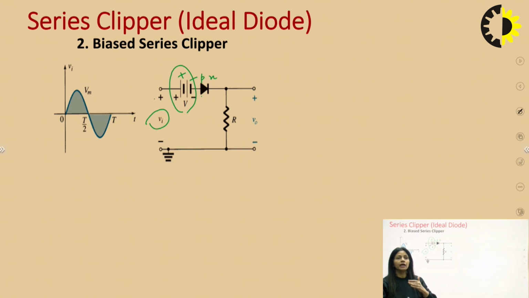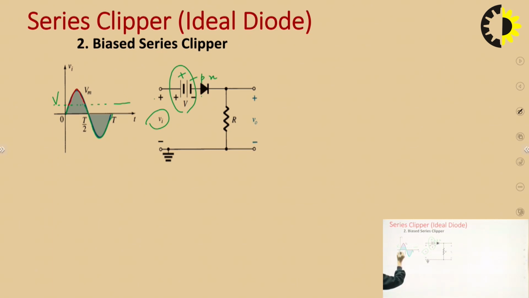So there are cases. We have to see which part of the waveform is greater than capital V, or which part of the waveform is lower than capital V, the DC voltage, right? So coming to this case 1, here we will mark a value V. Okay, so this value V, the input waveform is below V for this portion, and the input waveform is greater than V for this portion.